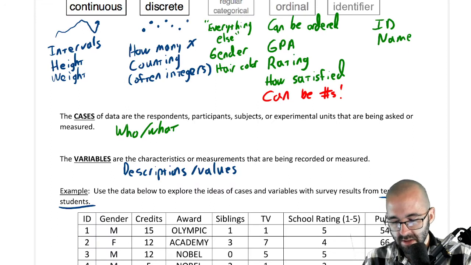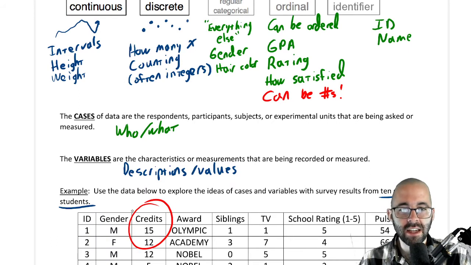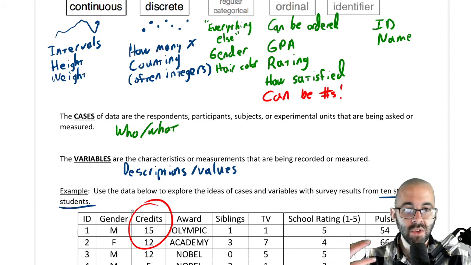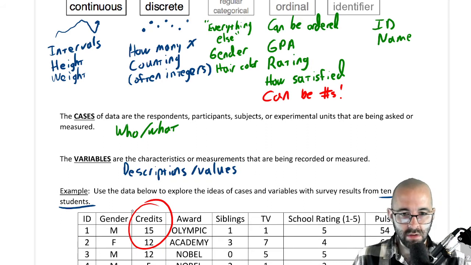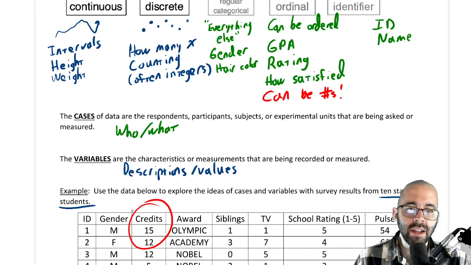Credits. How many credits they're taking. This is going to be numerical because it's not ordinal. It's not a rating or anything like that. These are numbers that have meaningful values, right?